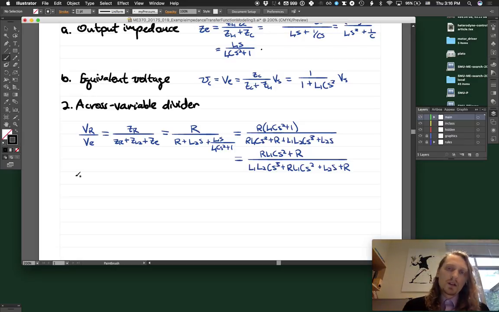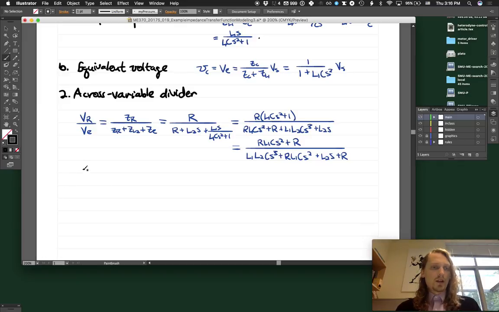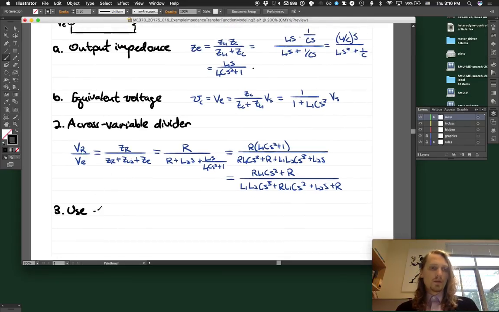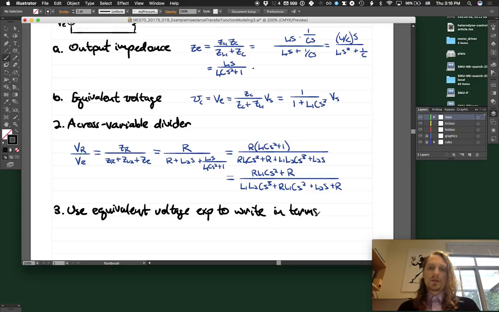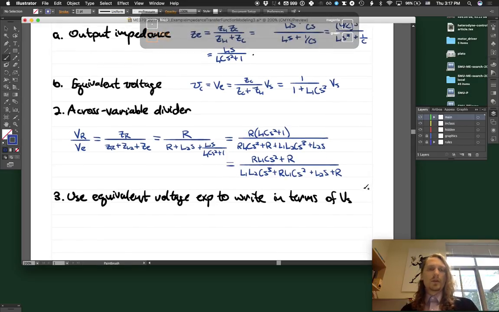And that means that we can write that so step 3, use the equivalent voltage expression to write in terms of the original source of VS. So that's what we're doing with this step.